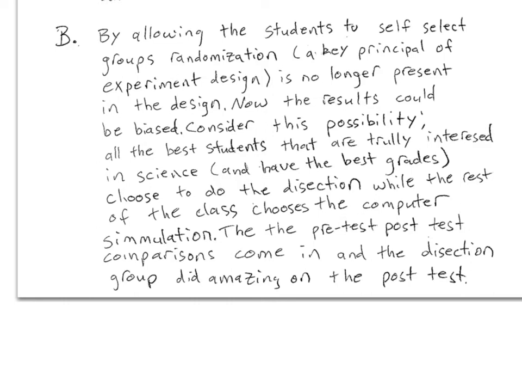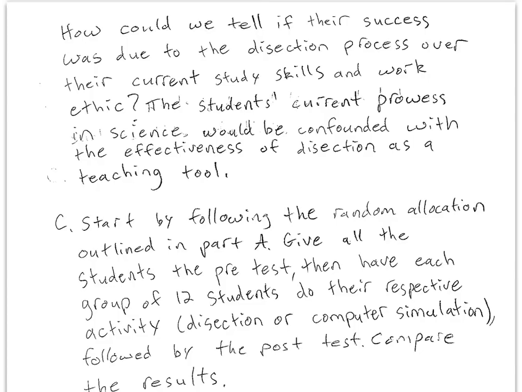But how can we be sure that that achievement is attributable to the dissection and not just attributable to the fact that those were all the kids that really like science, that already have great grades in science, that may have study skills that are helping them beyond what the particular laboratory exercise was doing for them? So we'd get this confounding effect. So that's where I think having my matched pairs design helps control that confounding.